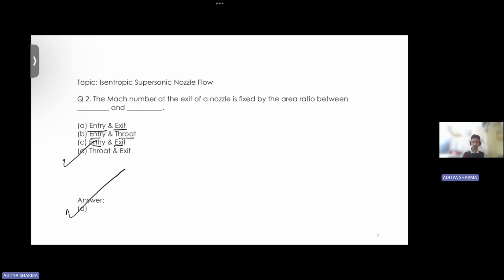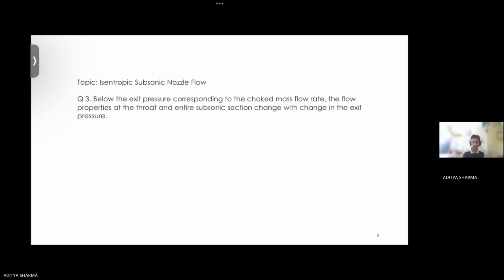That was based on isentropic supersonic nozzle flow. Now let's move on to the next question. The next question is based on isentropic subsonic nozzle flow, so here the flow in the nozzle remains subsonic.